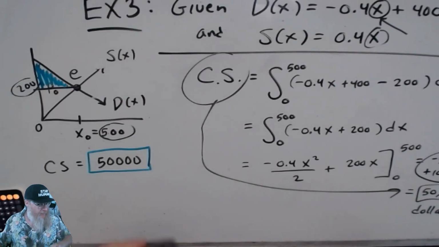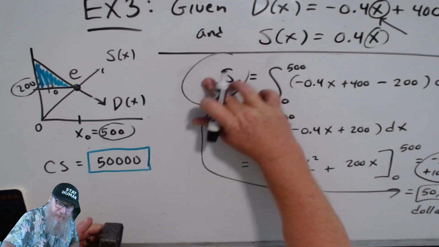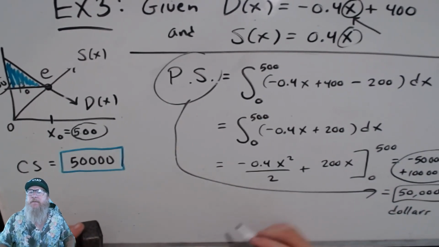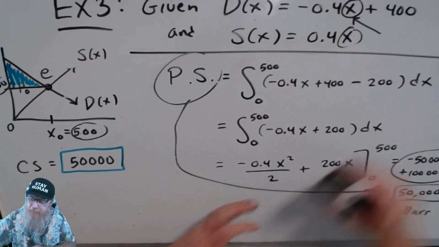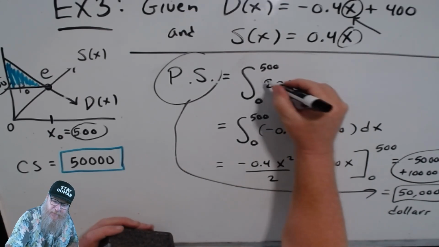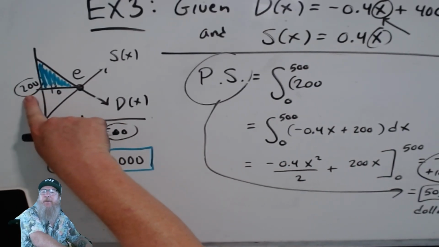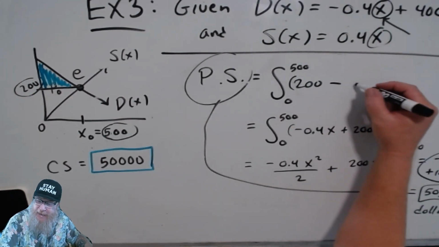And finally, producer's surplus. Let's see if we can redo this. So we're going to do the 200 first. That's your P0, your equilibrium price, minus the S of x.